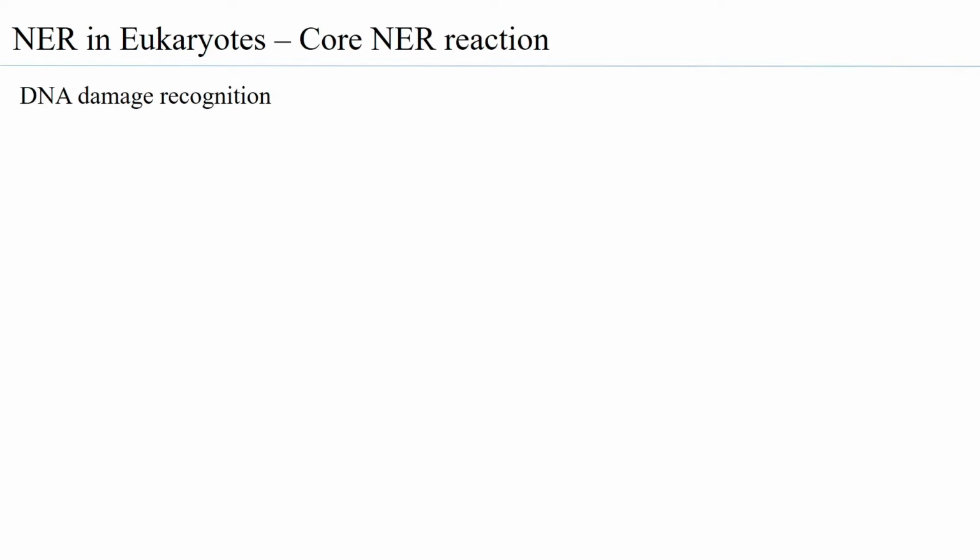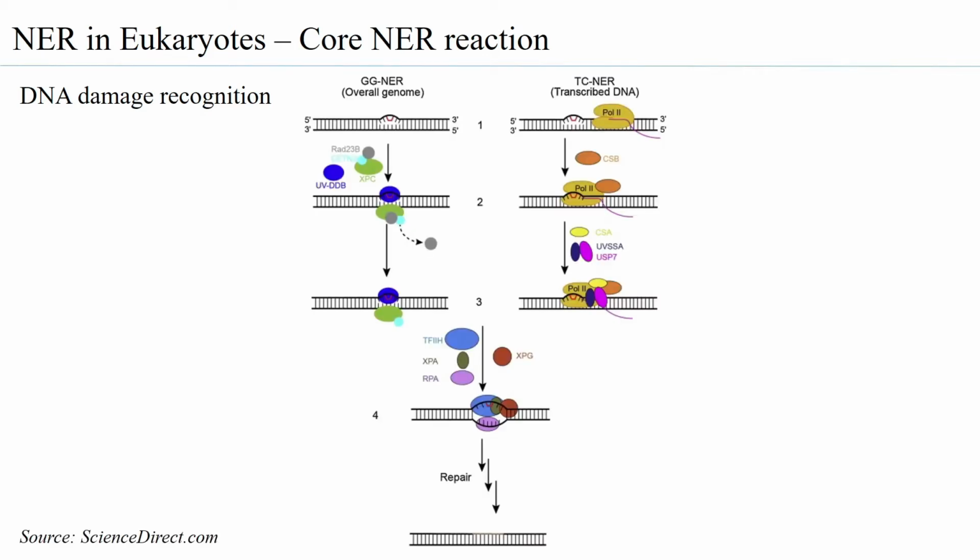Now, of course, one of the first steps in the core NER reaction is DNA damage recognition. Because there are two subforms, the global genome NER and the transcription coupled NER, the molecules that actually recognize the DNA damage are different.